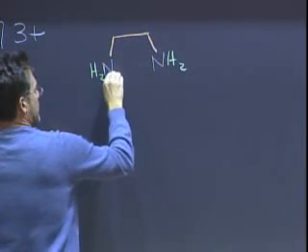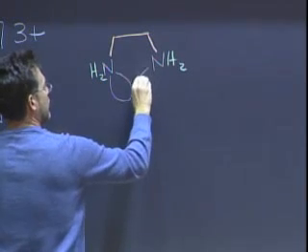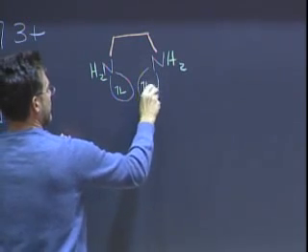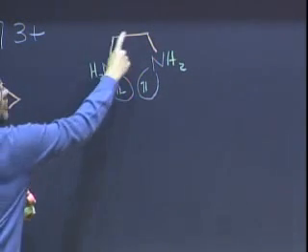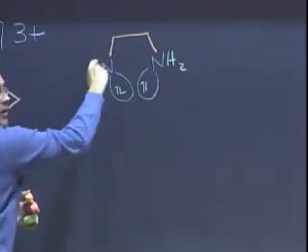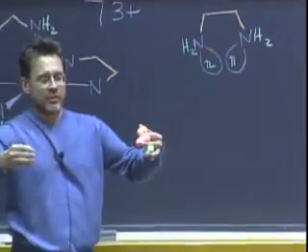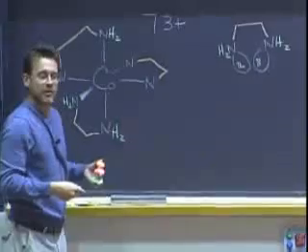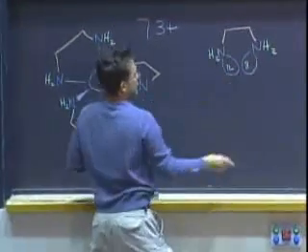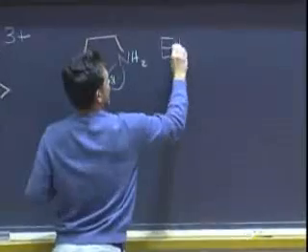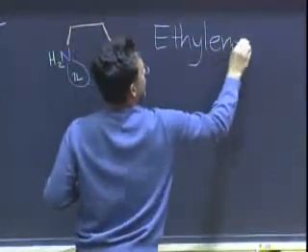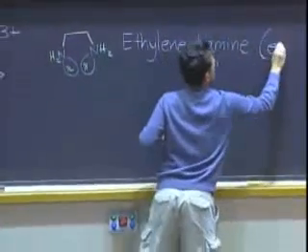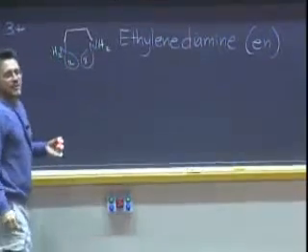And by drawing in simplistic form the 2 lone pairs on the 2 nitrogens, you can see that this set of 4 atoms is able to organize itself so as to simultaneously point 2 lone pairs at the same metal center. That is permitted by this bridge. This particular ligand is called ethylene diamine. And it is called EN for short, ethylene diamine.